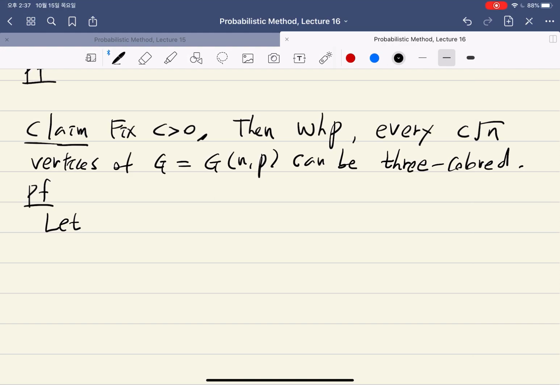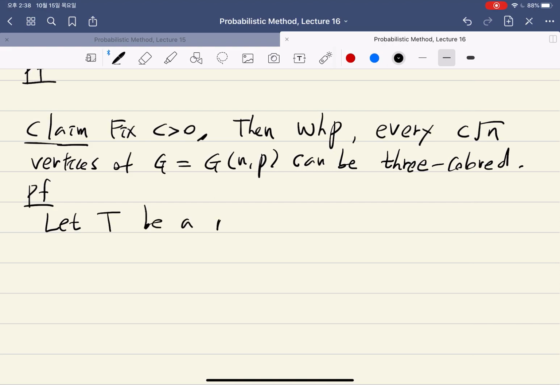If it is too sparse, then it's easy to color. So by using that, we want to show that every small set has at most a certain number of edges. Roughly, we want to show that every small set does not contain too many edges, so that the obstacle to coloring it with 3 colors is not there.